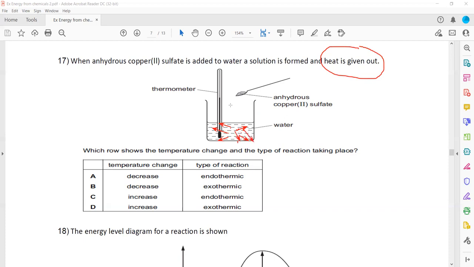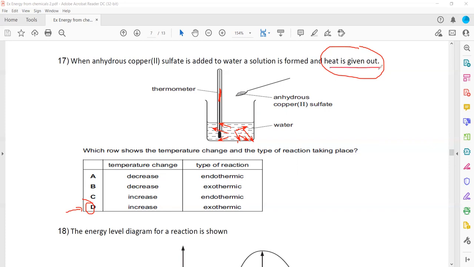If the water absorbs energy, the temperature of the water increases, so the level of the mercury in the thermometer will rise, and this reaction is exothermic.